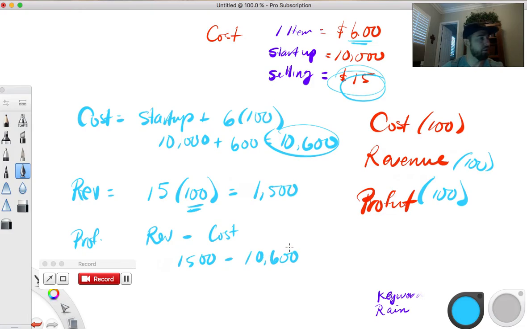So 1,500 minus 10,600. Ugh, we're at negative $9,100. Okay, that's not good. But that's okay because I'm going to change this up really quickly.